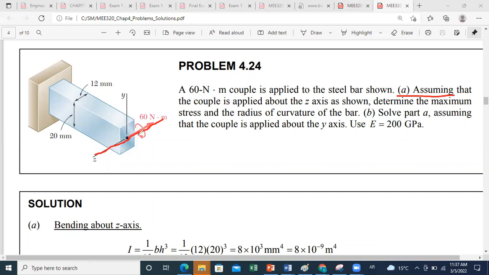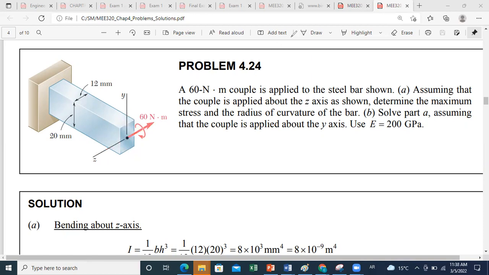This means that your neutral axis will be along z and parallel to z. And then the stress variation will be along y. So stress will vary with y. In the other scenario, when you put the vector moment along y, then the neutral axis will be parallel to y, and the variation of stress will be along z. This is the difference. Okay.